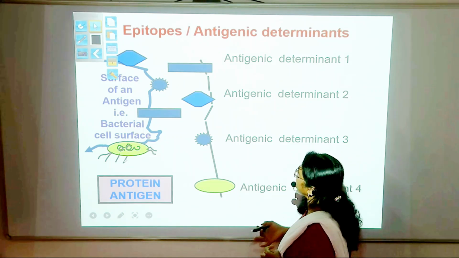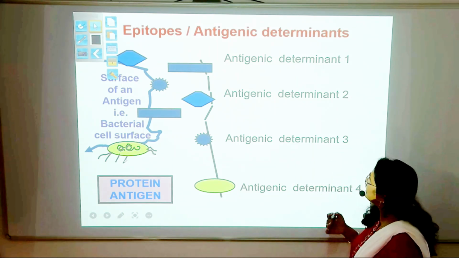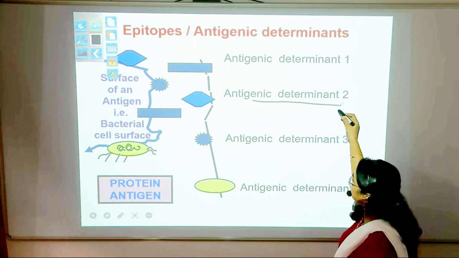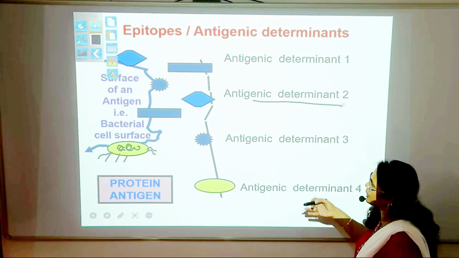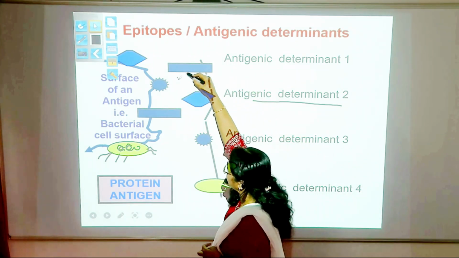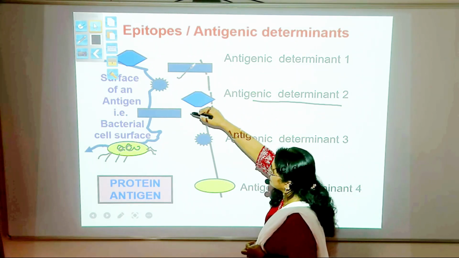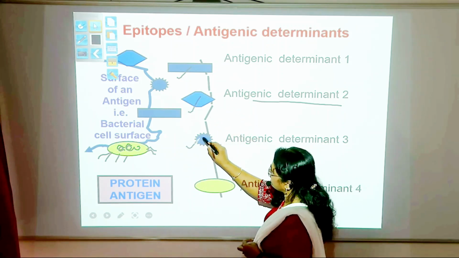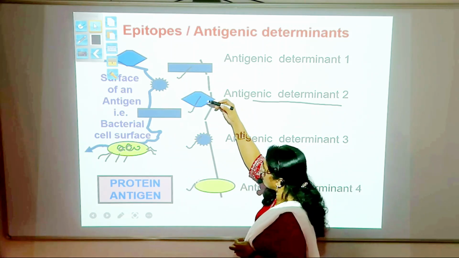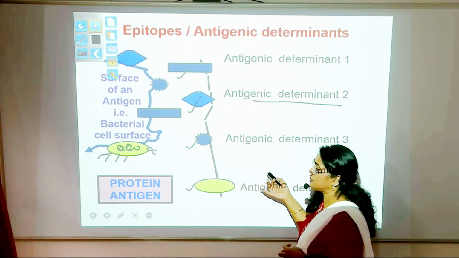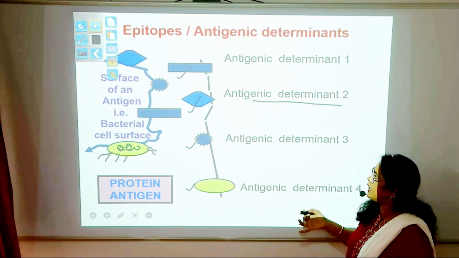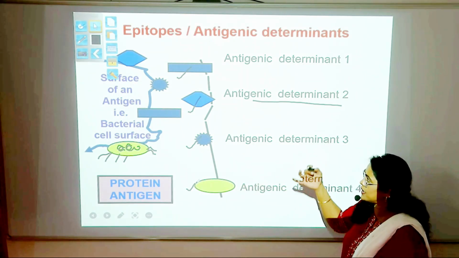So a single bacteria may have more than one epitope or antigenic determinant. In this slide you can see this will behave as a different epitope, this will behave as a different epitope, this also will behave. So there are 4 different antibodies which will bind to these 4 different antigenic determinants.